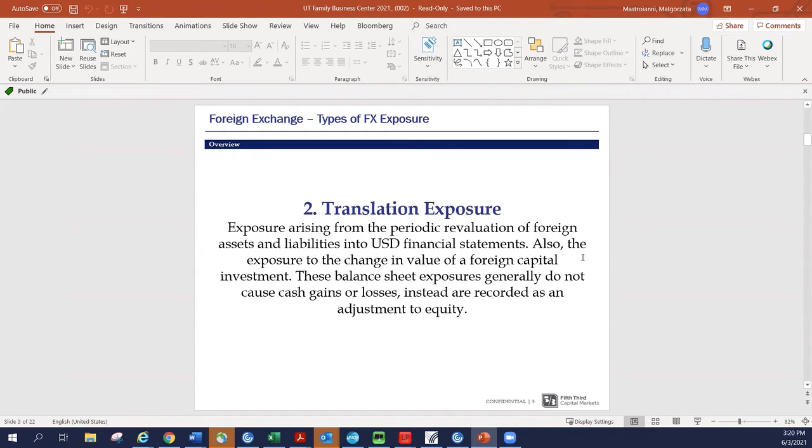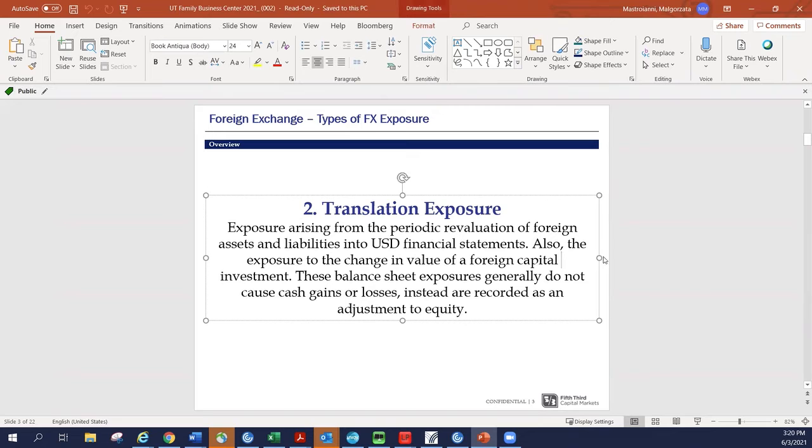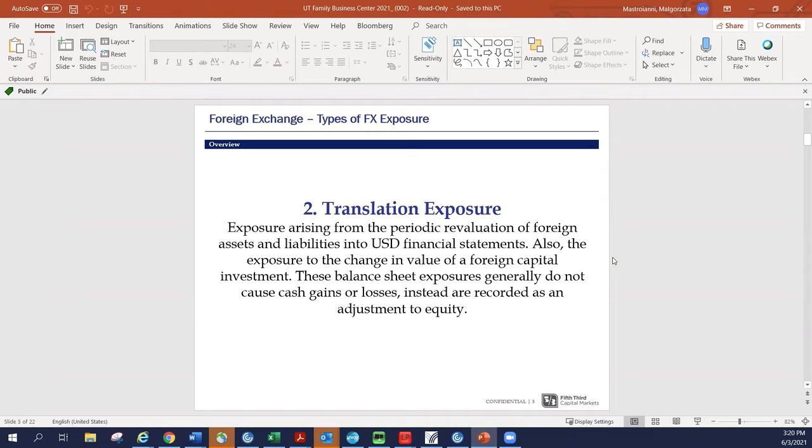Other clients might be facing translation exposure. So if you are a foreign-owned company which has loans from the parent company and you have to revalue that loan into US dollars, again, as the currency rate fluctuates, the US dollar equivalent is going to look different.